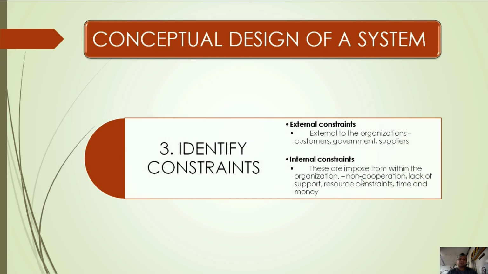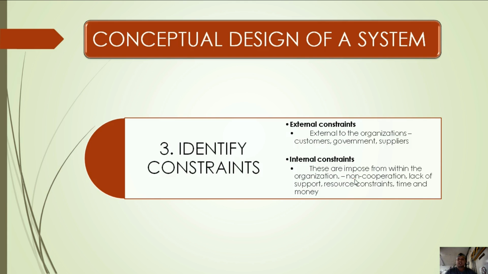Third is to identify the constraints. We have two kinds of constraints, the external and the internal constraints. External constraints are the outside constraints like the customers, government, and suppliers. These external ones we cannot control because they are external.